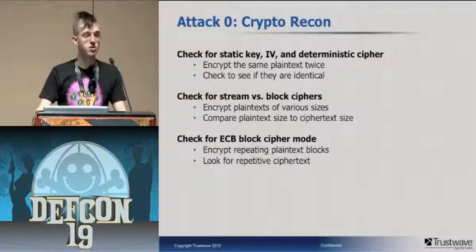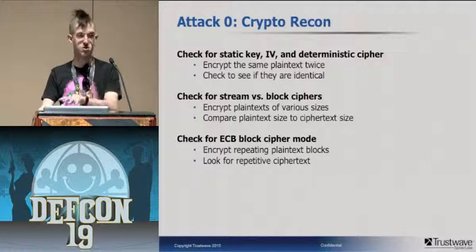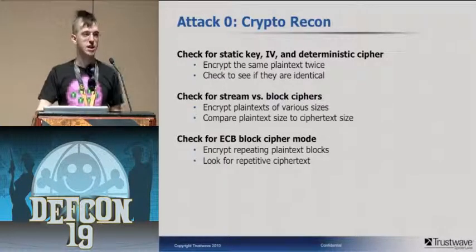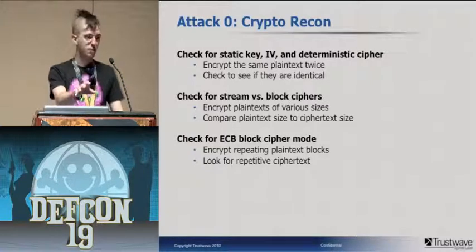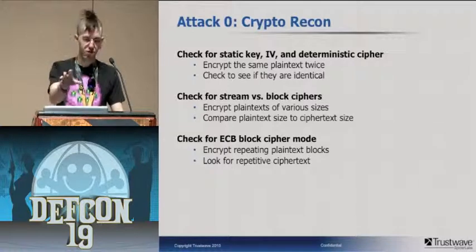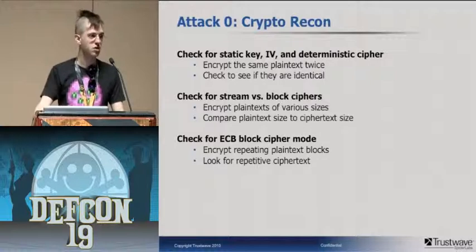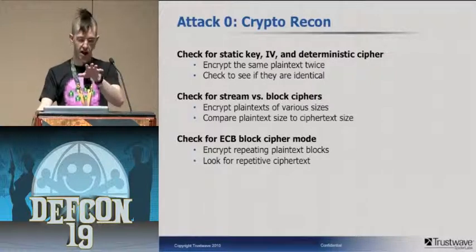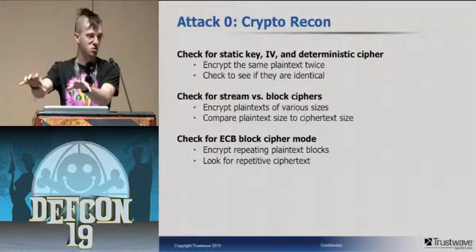You can also check for ECB block mode. This is a little bit different from CBC, which I described earlier, in that each block is independent of other blocks and is encrypted independently. So if you have repetitive plain text like 8 uppercase A's, 8 uppercase B's, 8 uppercase A's, 8 uppercase B's, and that's your plain text, your ciphertext is going to have blocks 1 and 3 being identical and blocks 2 and 4 being identical.